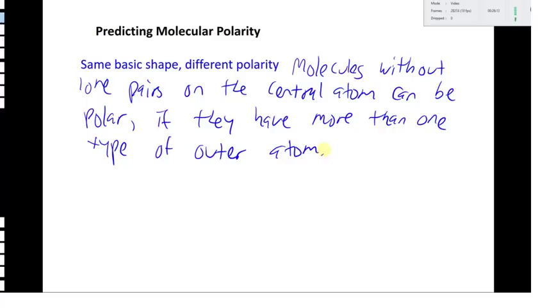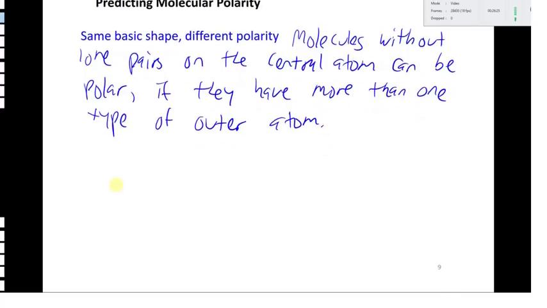Remember, these individual bond dipoles have a direction associated with them, where if they're all the same and those directions cancel out, you have no net polarity, but they also have a magnitude associated with them. We gave the example earlier of carbon tetrafluoride. Let me do a simpler one for this, because these tetrahedral ones are hard to think about.